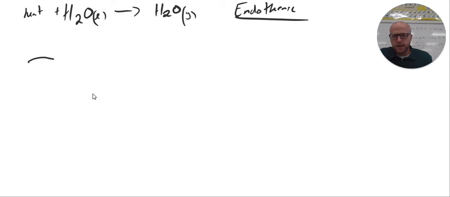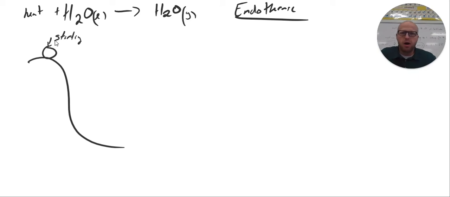So if you think of it kind of like this, okay, here's when a process is exothermic, right, it's releasing energy, or it's starting up here. Here's where the bonds and the energy of the bonds start. And then as the reaction happens, well, the ball falls down the hill and then it ends down here. Okay, so in this case, this ball has more potential energy than this ball.